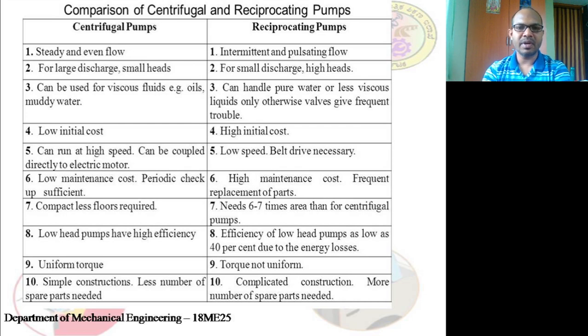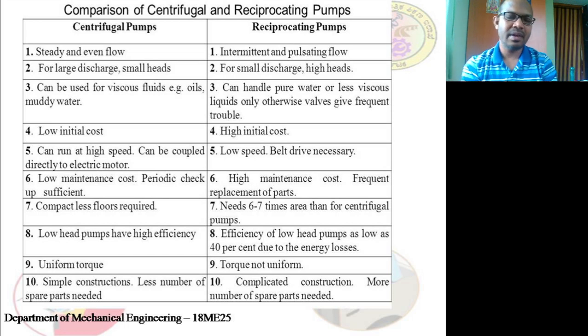Whereas the reciprocating pumps are of a lower speed, and belt driving is very much necessary, and they will also have a connecting rod, crank, and all those things that make it more complicated. Whereas the centrifugal pump is not so complicated because there is no presence of a connecting rod or a crank, or so much movement.